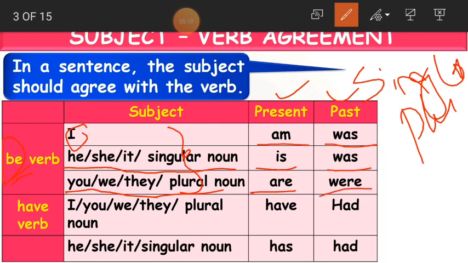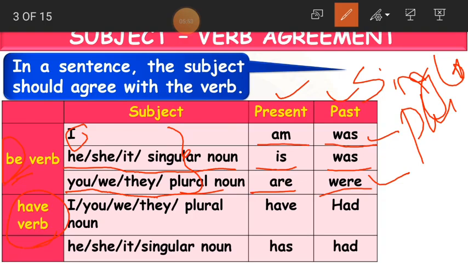So the be verb becomes am, is, are according to the subject in the present tense, and was, were in the past tense, for the same subjects, I, he, she, it, according to the pronoun here.